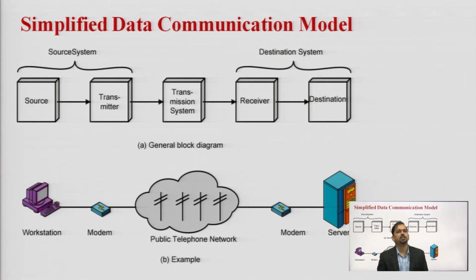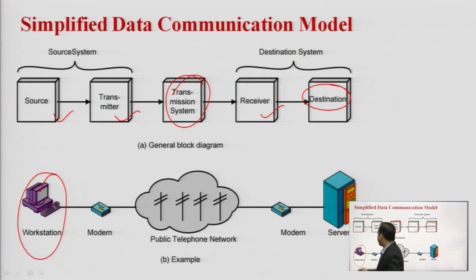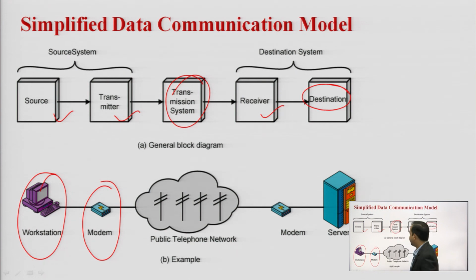Now we have a simplified data communication model which consists of source, transmitter, transmission system, receiver, and the destination. So we have a general example. As the source we have the workstation, and a modem which acts as the transmitter. We have the public telephone network, PTN. We have the modem again, placed at the receiver side.